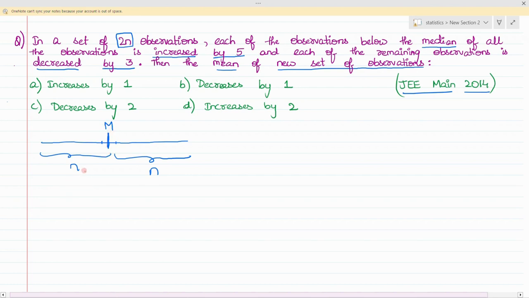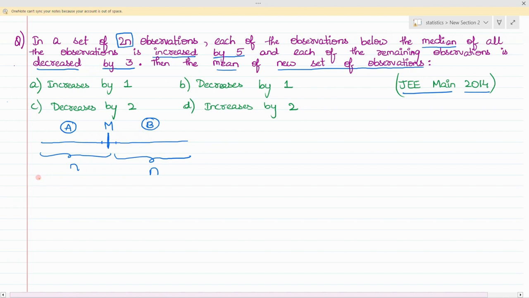It is told in the question that A is nothing but all the observations before the median, and the B group is all the observations after the median. So in the question, all the observations in the A group are increased by 5.